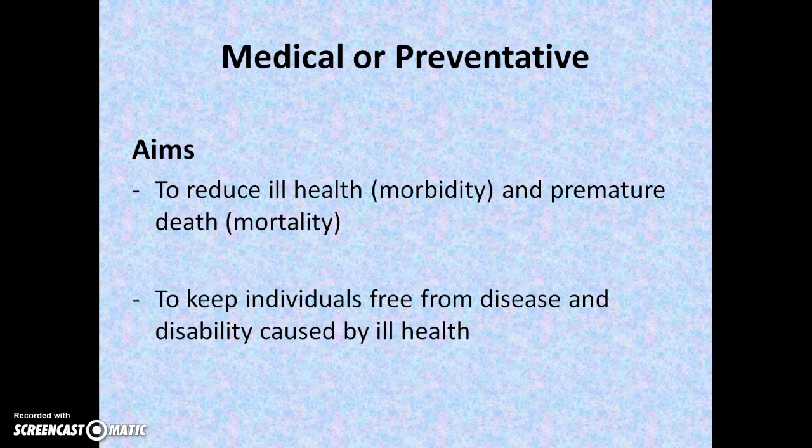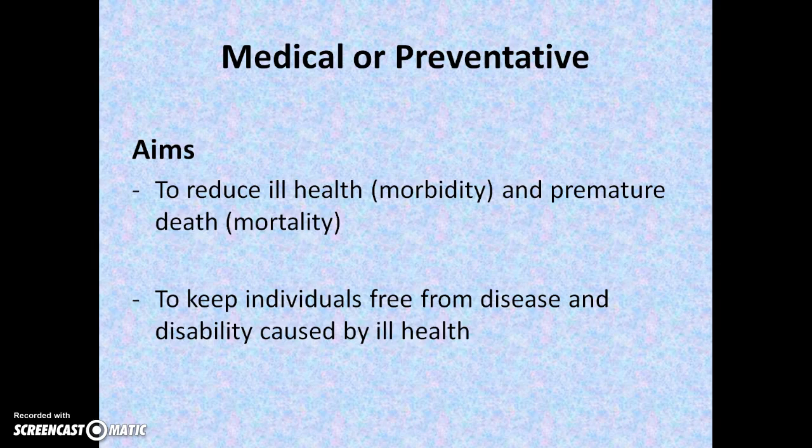So, medical or preventative. Health promotion campaigns that try to prevent ill health are aiming to keep us healthy as a population by stopping us getting disease, keeping us free from disease and disability caused by ill health. The correct term for ill health is really morbidity.